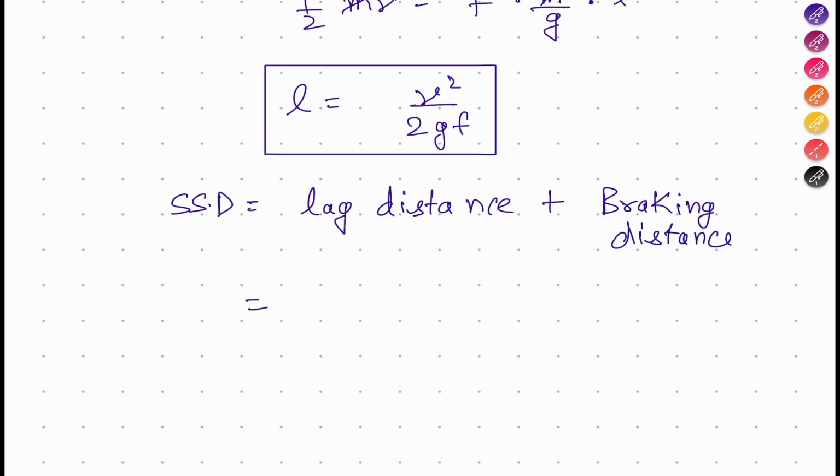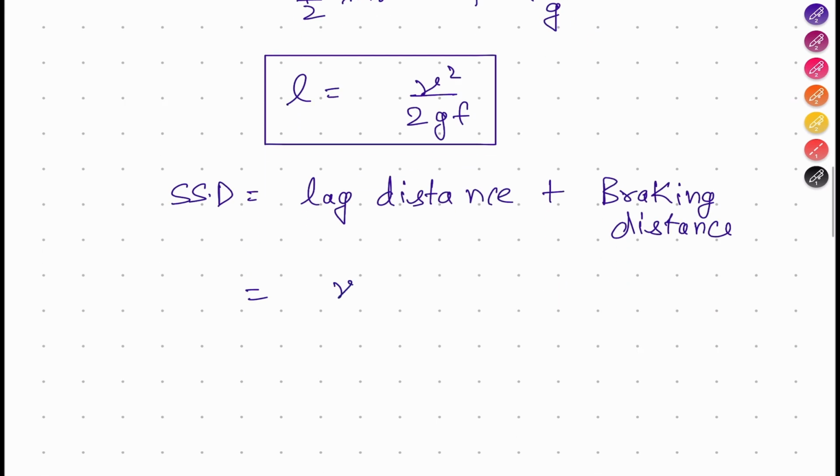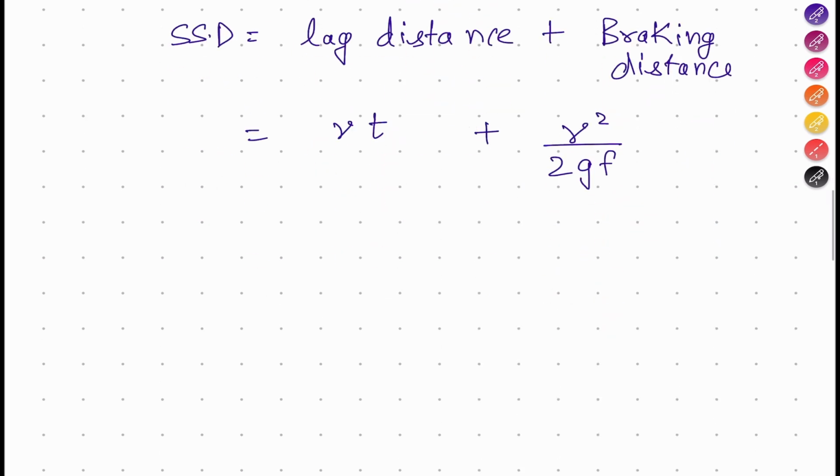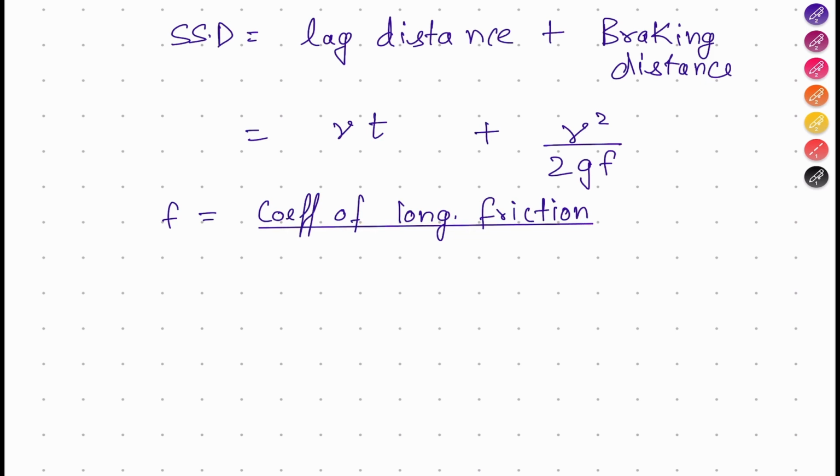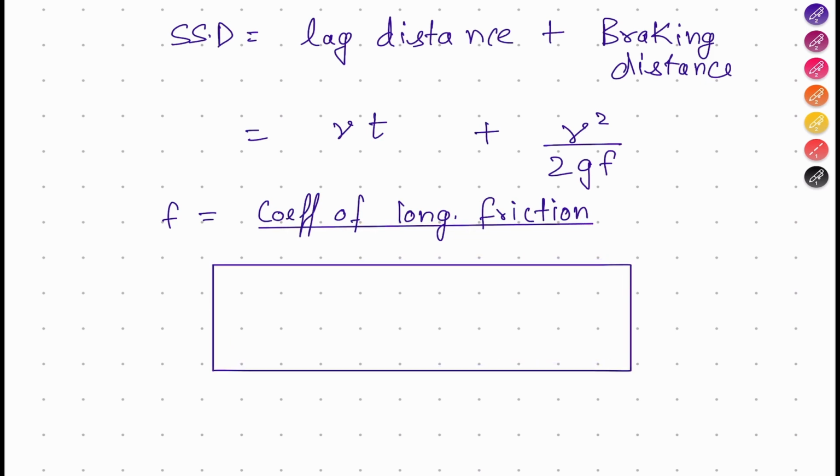The lag distance would be V into t plus braking distance would be V square upon 2gf, right? Here f can have values from the following table. f is equal to the coefficient of longitudinal friction. It can have values from the following table.